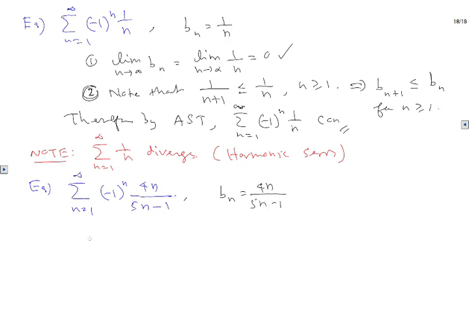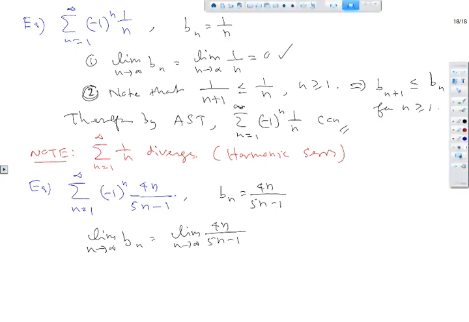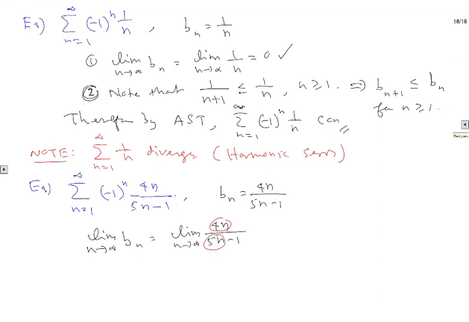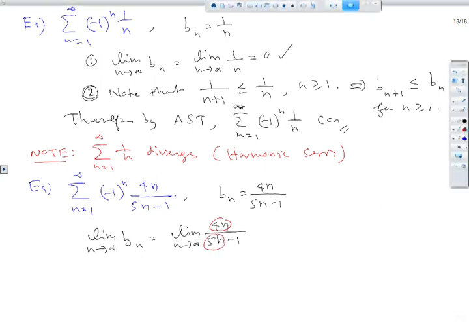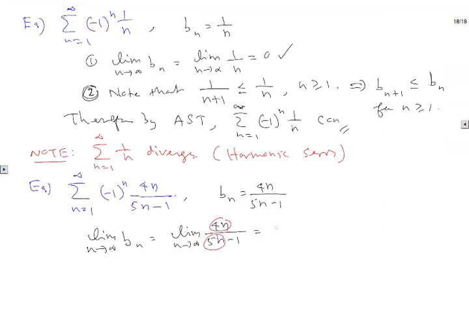We take the limit as n goes to infinity of Bn, which is the limit of 4n over 5n minus 1. You only need to look at the dominating terms, 4n over 5n, that means 4/5, which is not equal to 0. So by the nth term test, the series diverges.